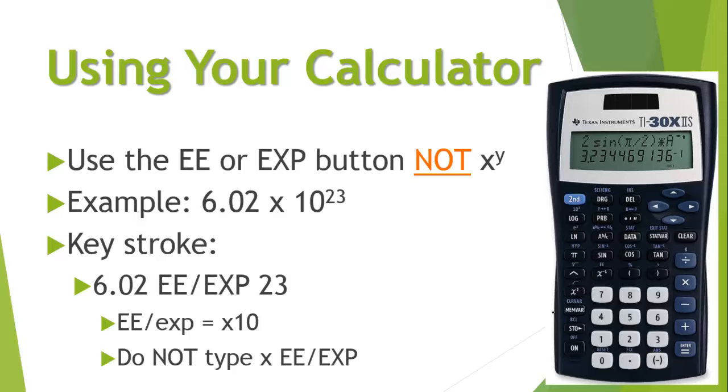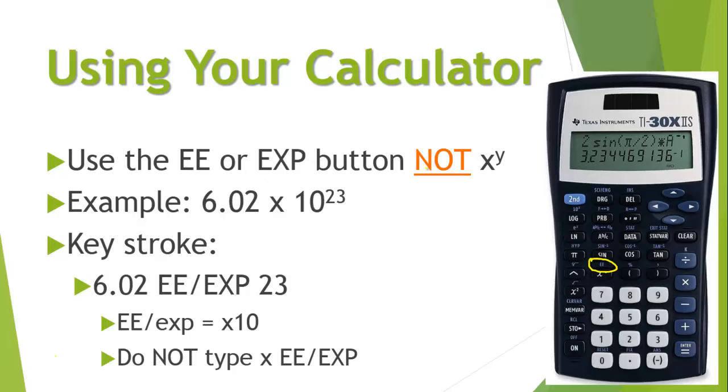If you have a TI calculator, you're going to use the EE or the EXP button. That is located right over here. So here is our EE. You're going to do the second function of this button and you have your EE. That's what you are going to use.